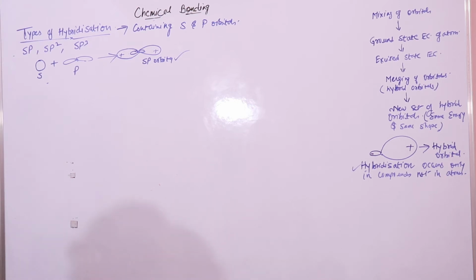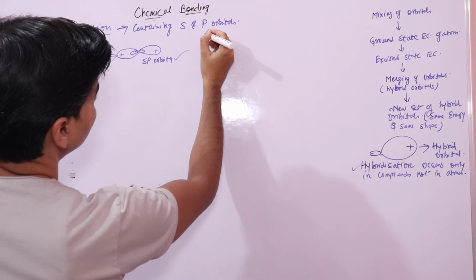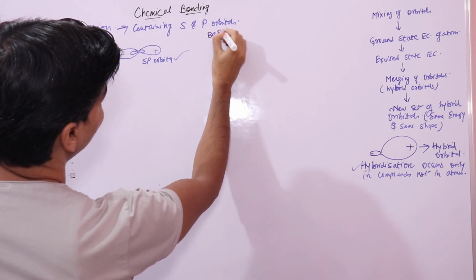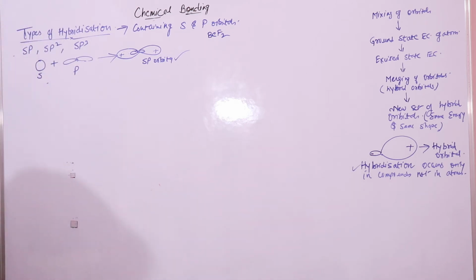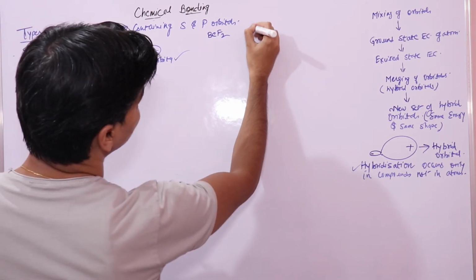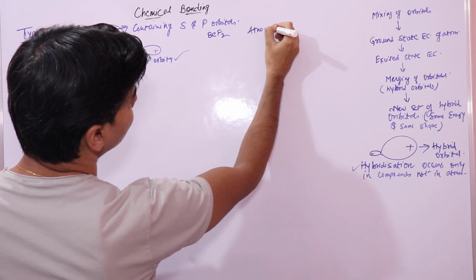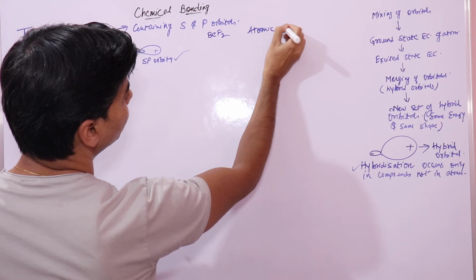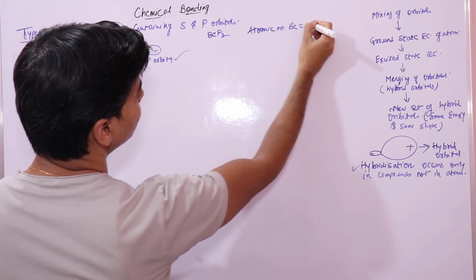Now let's take an example of sp hybridization. The example is beryllium fluoride, BeF2, right. In beryllium fluoride, let's look, the atomic number of beryllium is equal to 4.